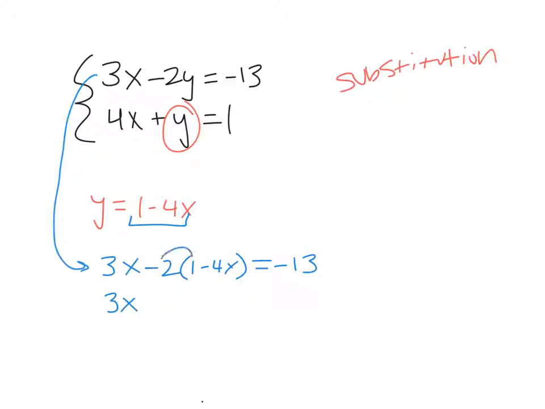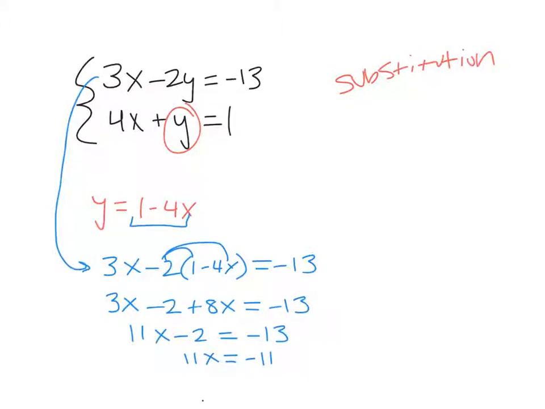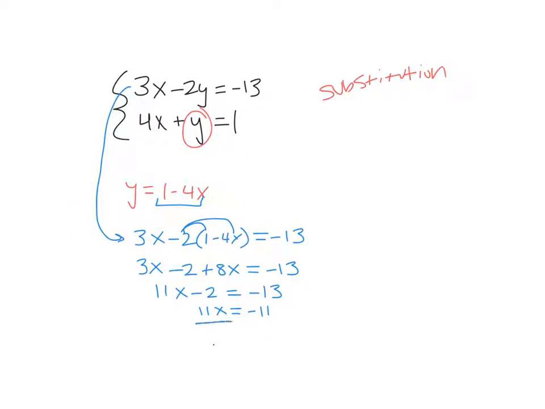So I can distribute this negative 2, so I'm going to get minus 2 plus 8x. And I'm going to combine 3x and 8x and get 11x. I can add the 2 to the other side and then divide by 11. And I get x equals negative 1.